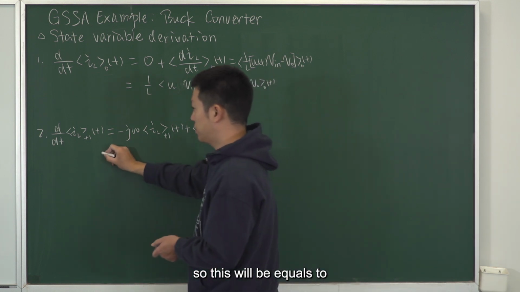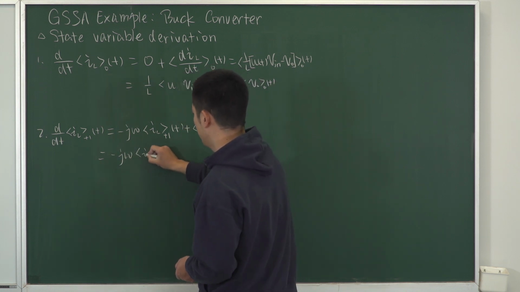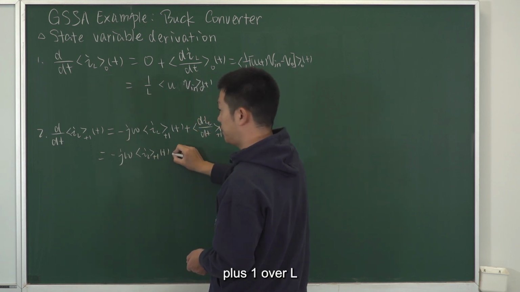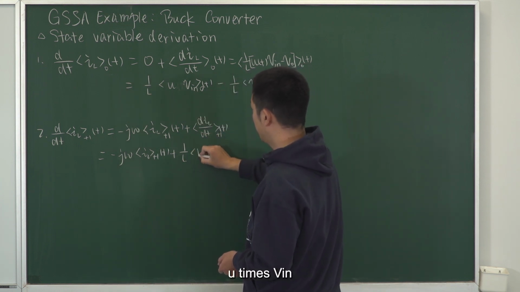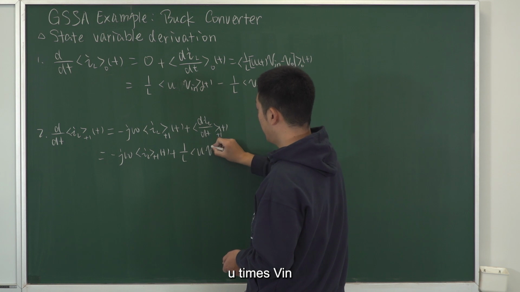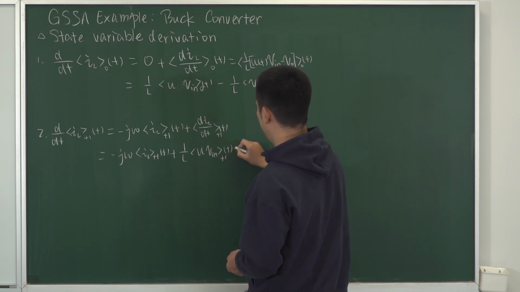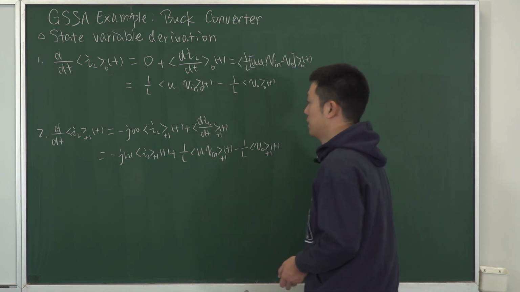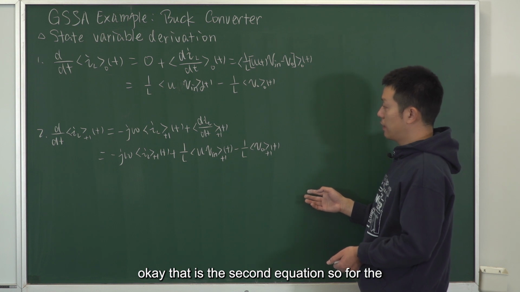So this will equal minus j omega IL, k=+1, plus 1 over L times u times Vin, k=+1 (t), minus 1 over L times Vo, k=+1 (t). Okay, that is the second equation.